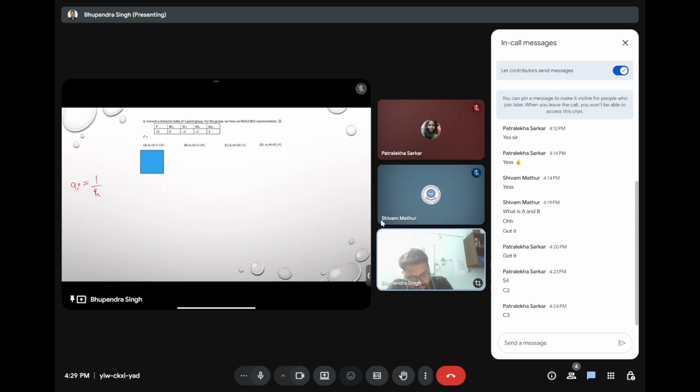What is h? h is the order. So this is the contribution of a particular irreducible representation in the given reducible representation.